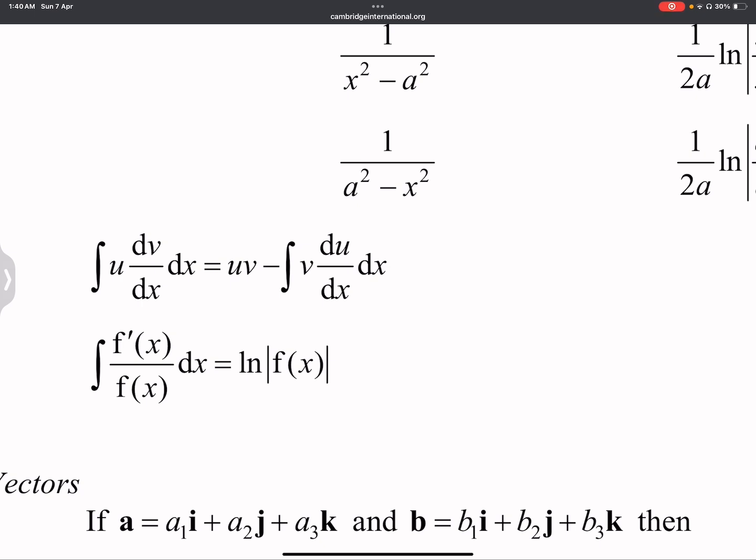Like in the integral of f prime over f is equal to natural log of f, when you have the derivative of the function in the numerator and the function itself in the denominator. But in that case, the power of the function is 1.